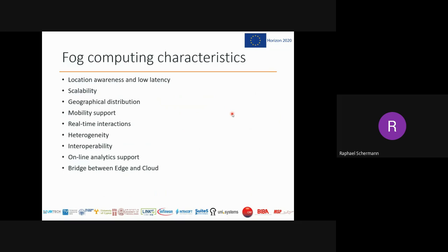Then the scalability: there are large scale sensor networks that monitor the surrounding environment, and the fog provides distributed computing and storage resources which can work with such large scale end devices. Then we have the third point, geographical distribution.